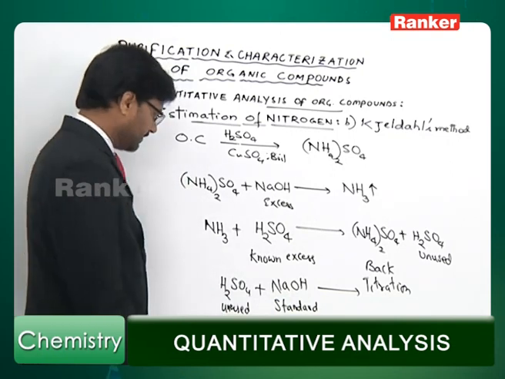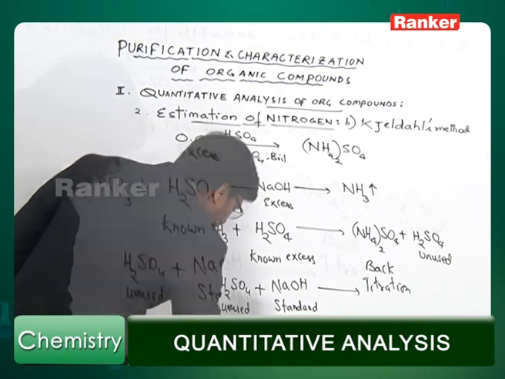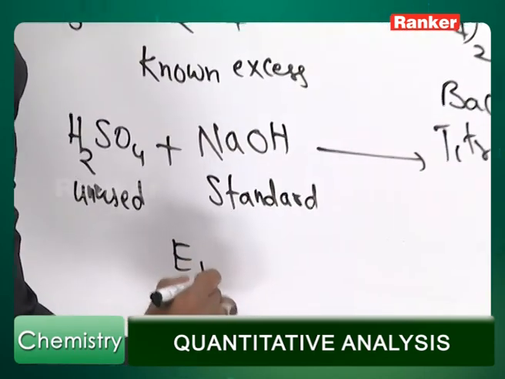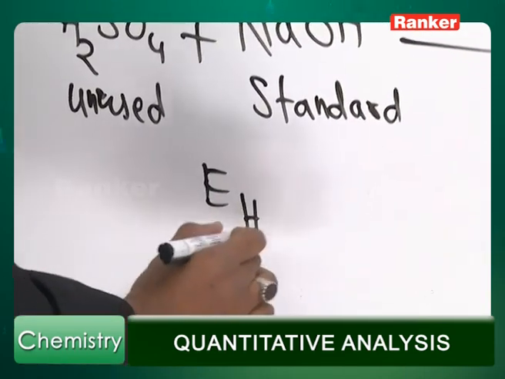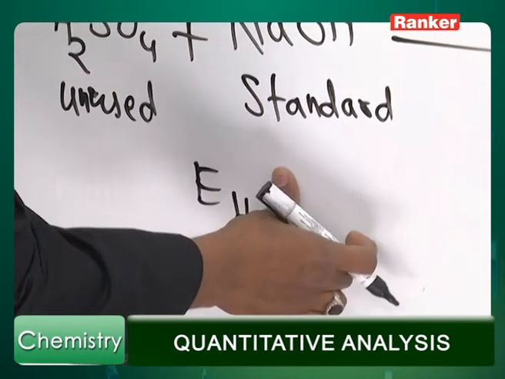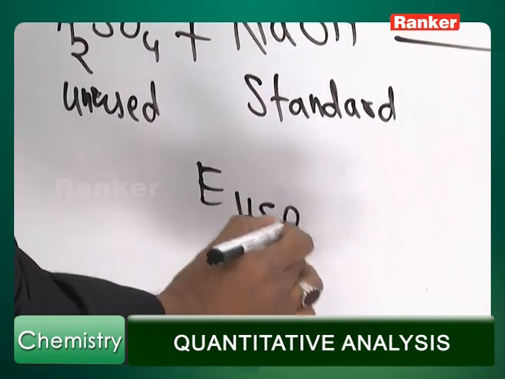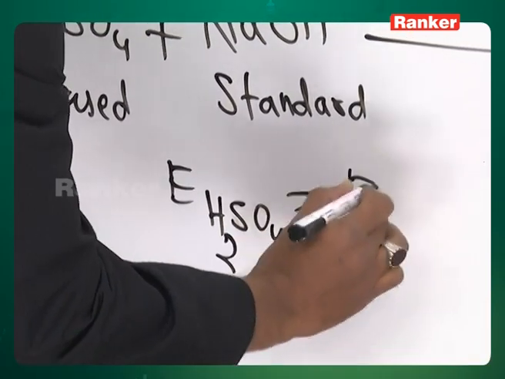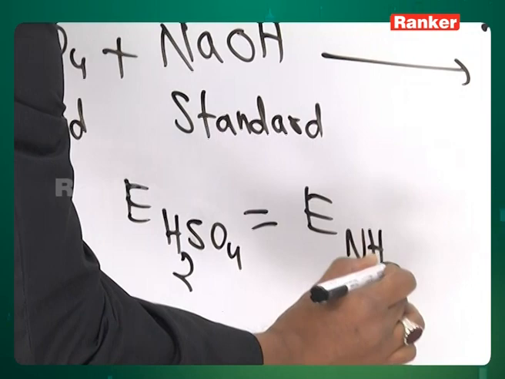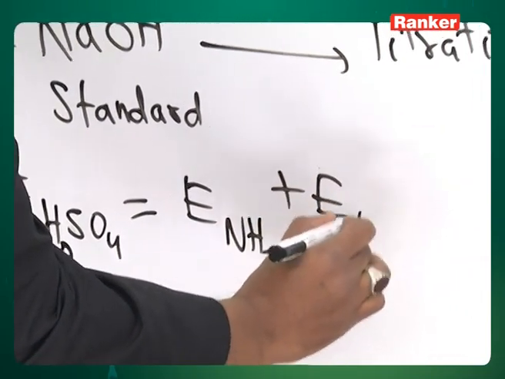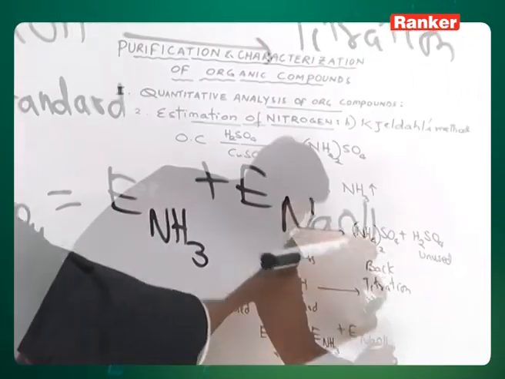Now, in this experiment, number of equivalents of sulfuric acid is equal to number of equivalents of ammonia plus number of equivalents of NaOH.